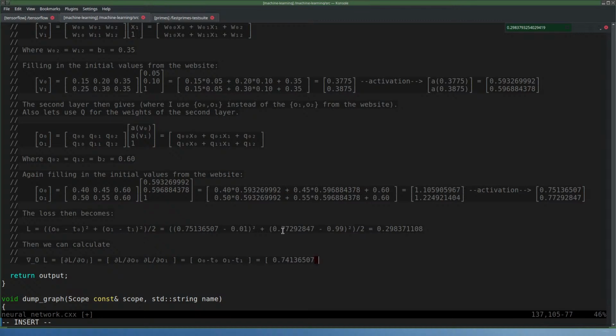And then we get that one minus this. So that becomes, I don't know, negative 0.22. 0.77292847 minus 0.99, that is 0.21707153.